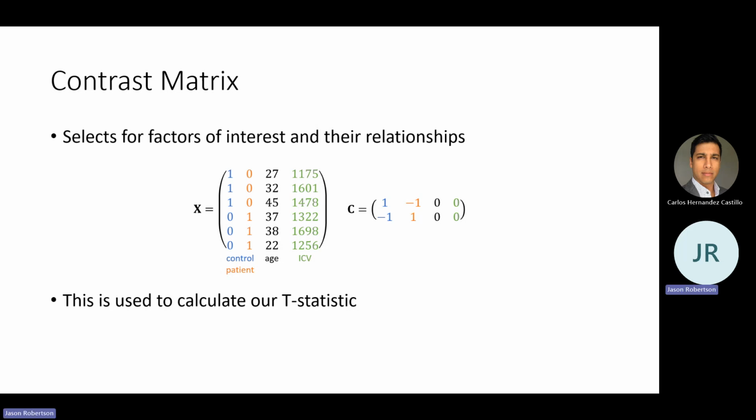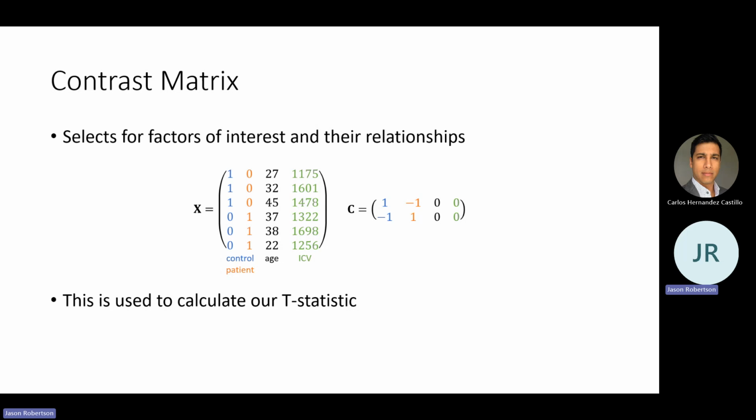Where this C comes in is it gets multiplied by the beta and some other things. I'm not going to bother getting into the math of how you calculate the t statistic because it's not that important. What is important is that the C value is what is used to select which relationships you're looking at. If we wanted to know the linear correlation of age with our output, then we would put a +1 or a -1 in the black column.